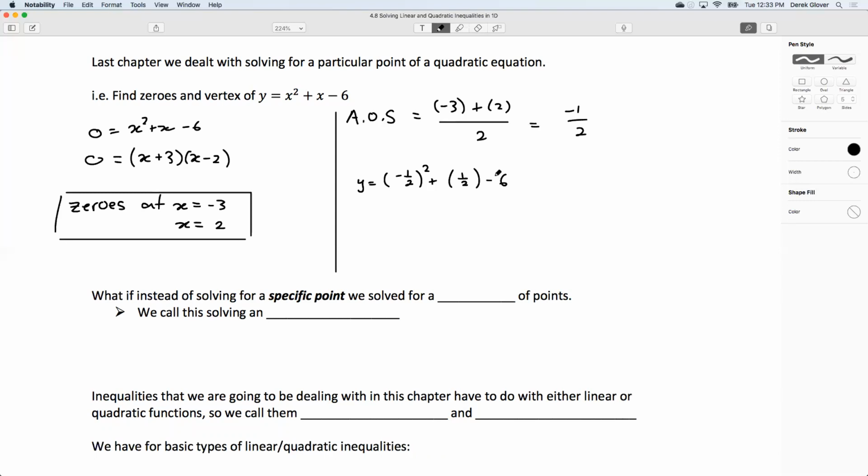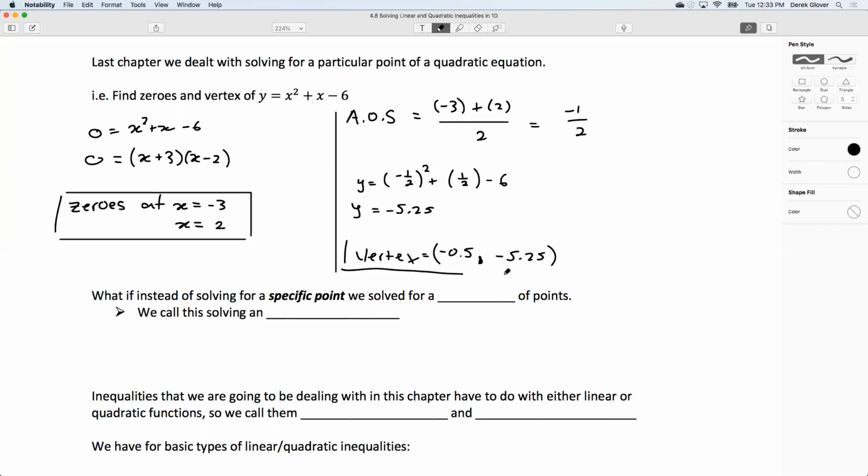It's going to give us negative 5.25. So our vertex will be at the point negative 1/2. And actually, let's just keep it in decimals. That will make it a little easier. Negative 0.5 and negative 5.25.